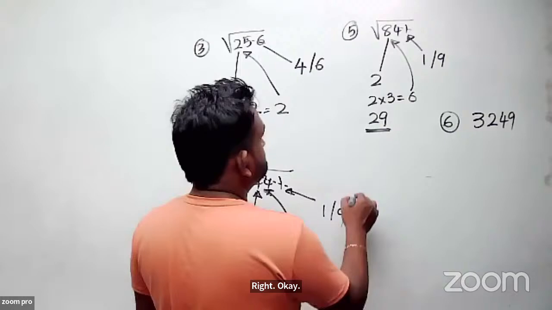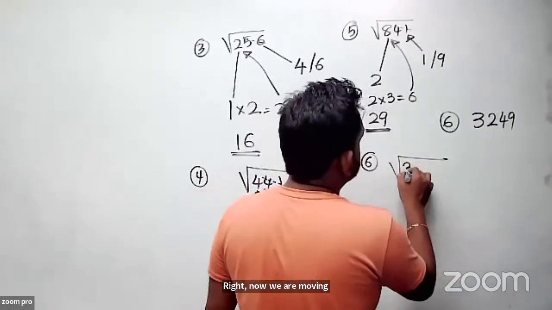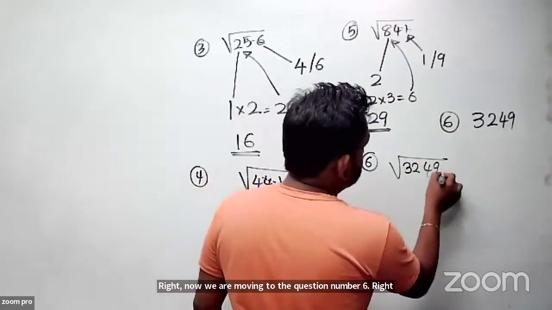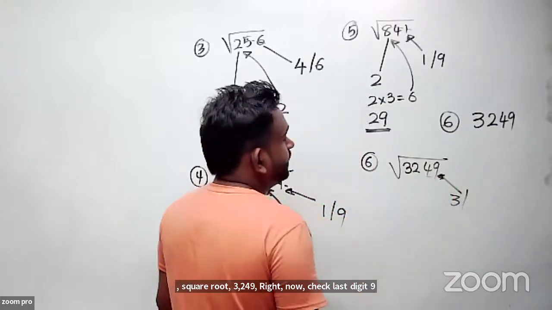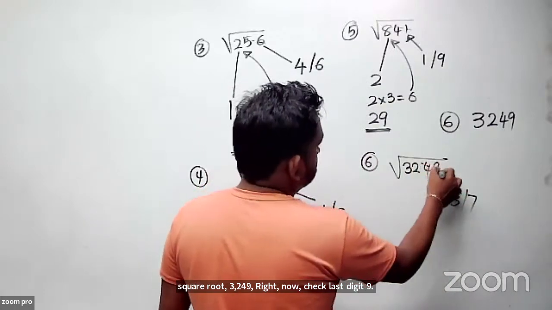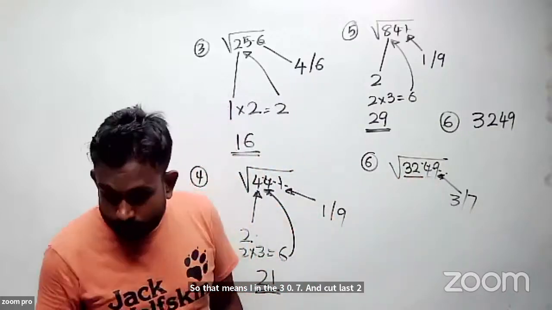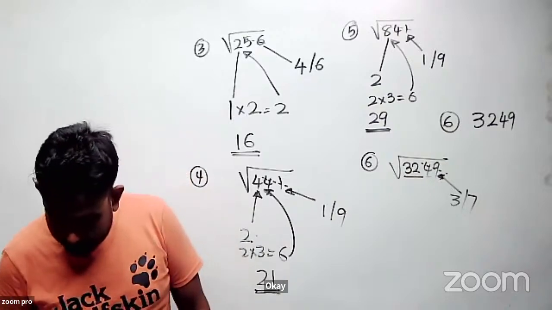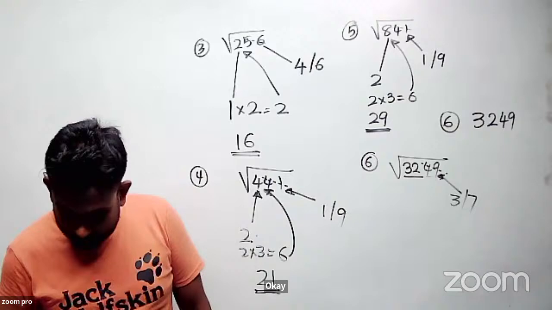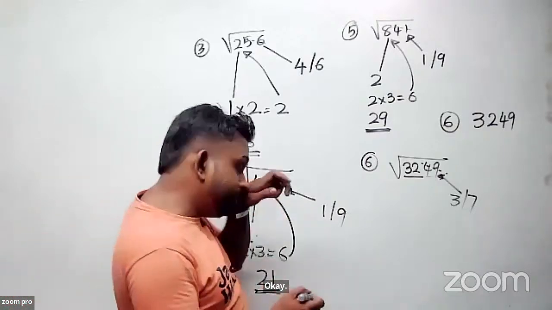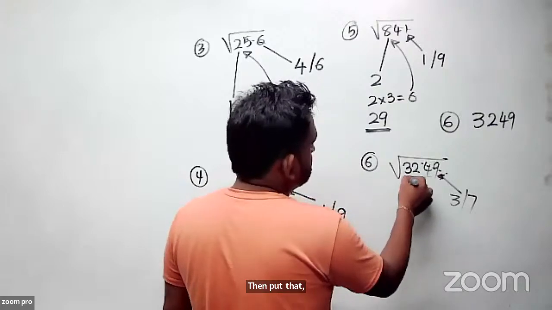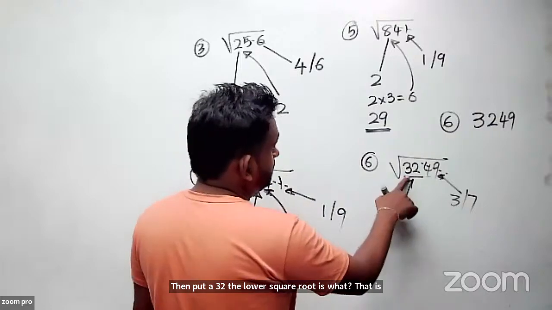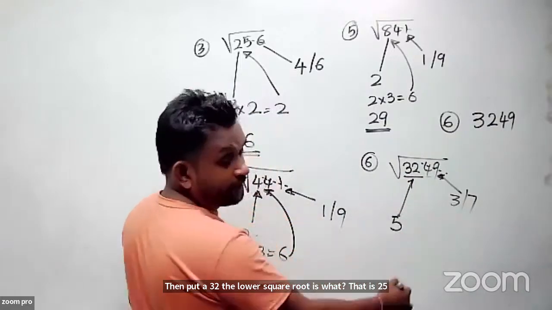Right, now we are moving to question number 6. Square root of 3249. Now check the last digit, 9. That means either 3 or 7. Then cut the last two digits and see 32. The perfect square below 32 is 25, and 25's square root is 5.